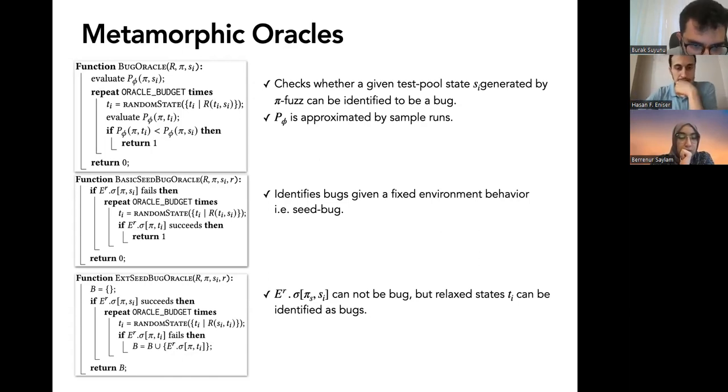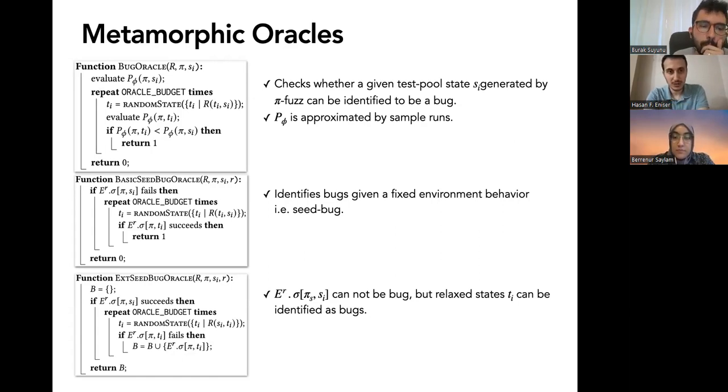So in the first one, you start from the relaxed one, and in the extended version, at all times you start from the relaxed one and generate some unrelaxed one. No, the extended one is the inverse. I start from the unrelaxed one, and I create relaxed states. The bug is always happening on the relaxed state.